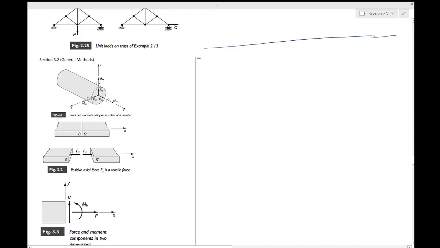Okay. Okay, so let's sort of motivate what we want to do over here, going through section 3.1 of your textbook, which is the introduction.